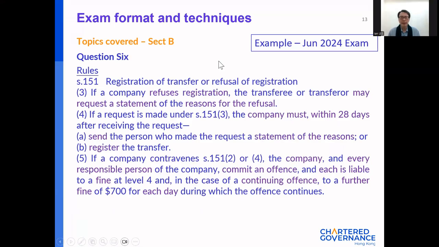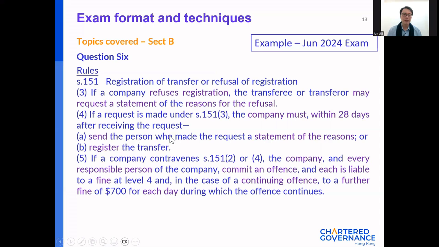And then what happens if the company refuses to register? Well, the transferee or transferor may request a statement of the reasons for refusal. And upon receiving such a request, the company must, within 28 days, either send the statement of reasons to them or register the transfer. So you can see it's quite interesting.